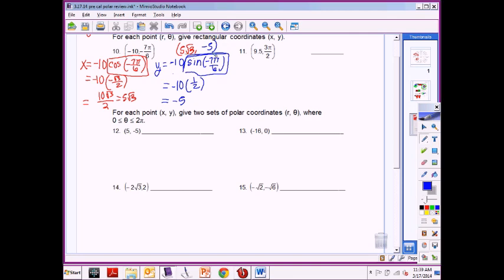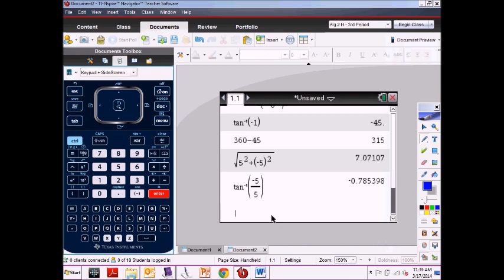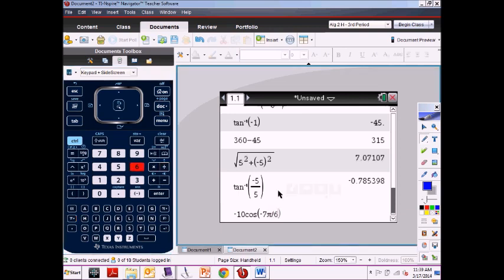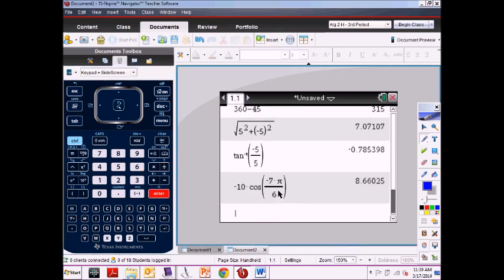All right, so did we use a calculator? No, but if it was a calculator part and it had like 3.6 or something, you're taking this portion and plugging it into the calculator. So I would put in negative 10 cosine of negative 7 pi divided by 6 and round that to the nearest hundredth, and that would be my answer for my x value.